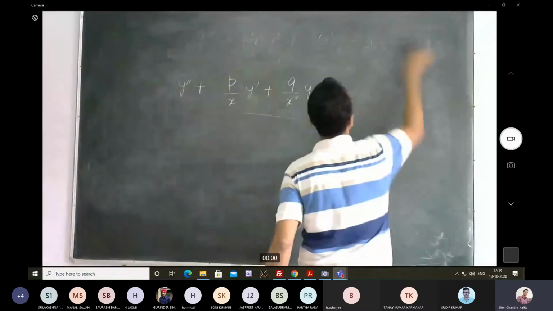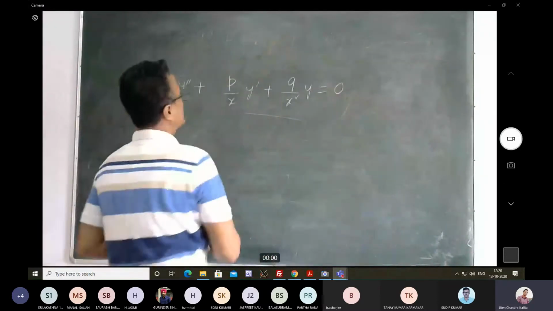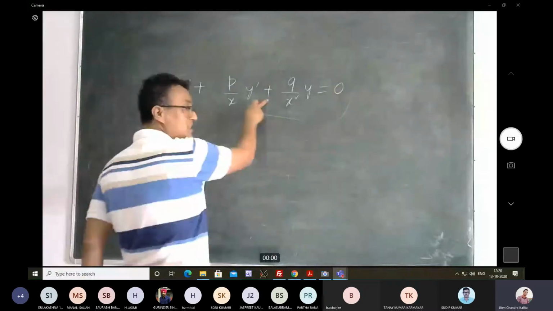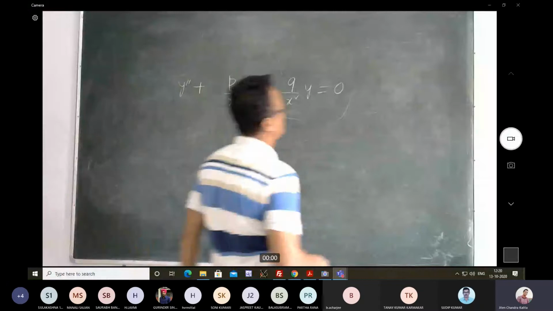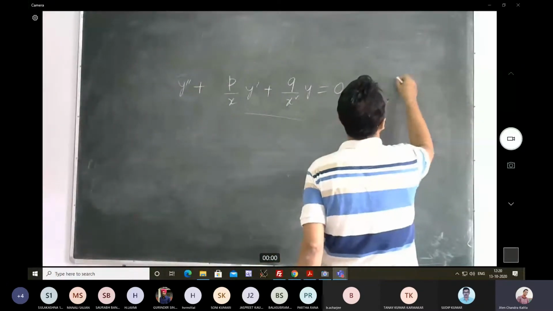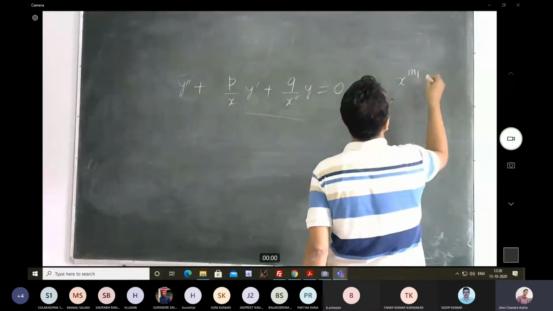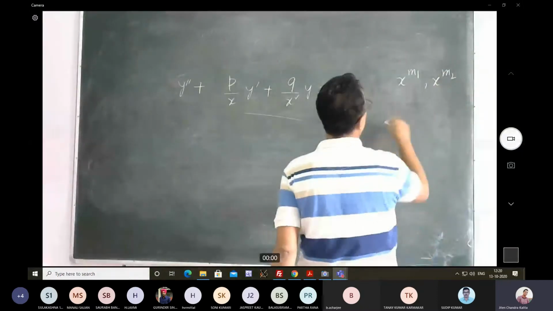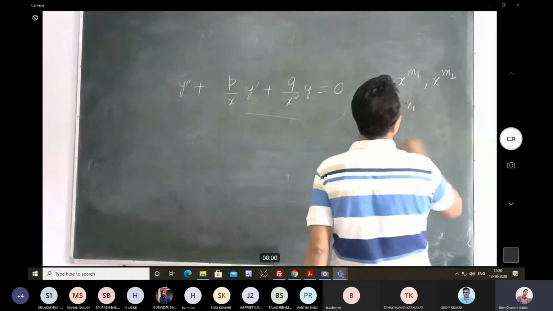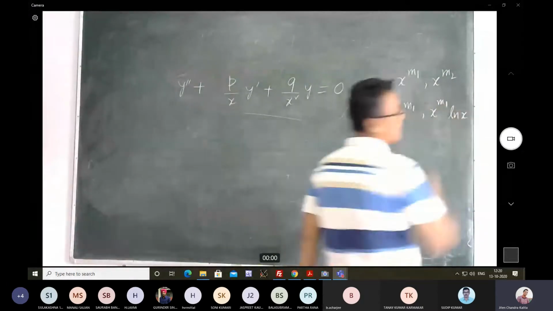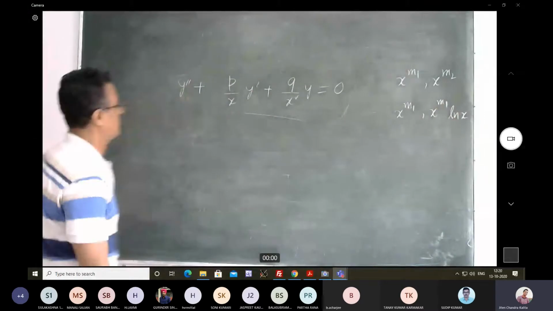So what we have learned so far is that if I have an equation of this form, then my solutions are of this form: a pair of solutions x to the power m1 and x to the power m2, or x to the power m1 and x to the power m1 ln x. Fine, so far so good.